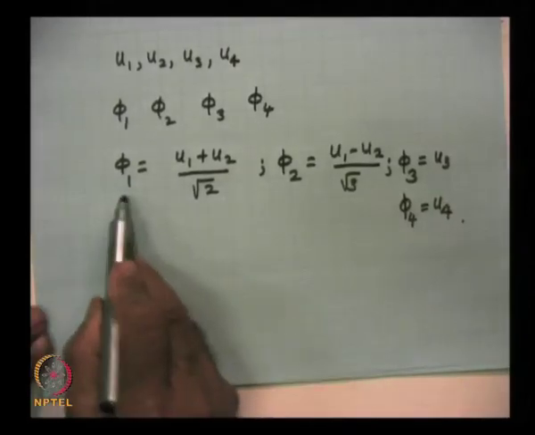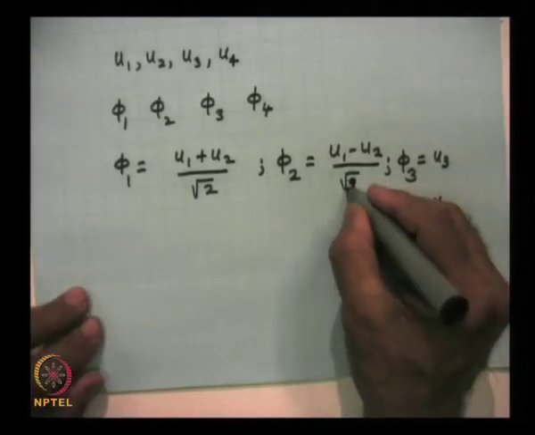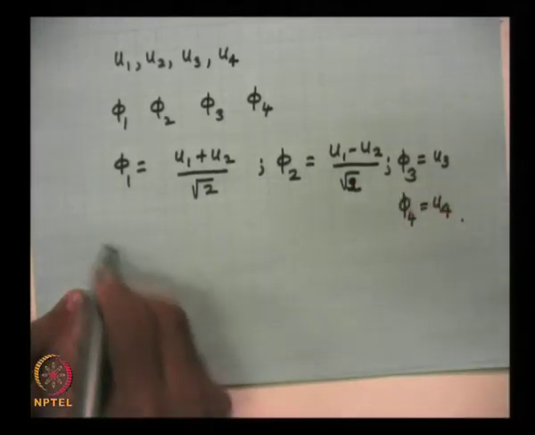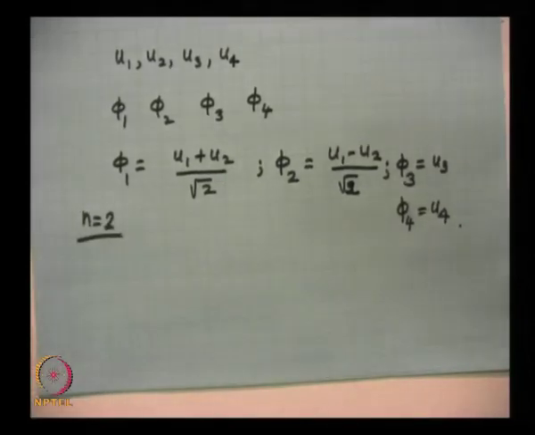These are also well behaved, orthonormal eigenfunctions, sorry, this is square root of 2. So, orthonormal eigenfunctions corresponding to the n equal to 2 state. These are the 4 linearly independent orthonormal set of functions.